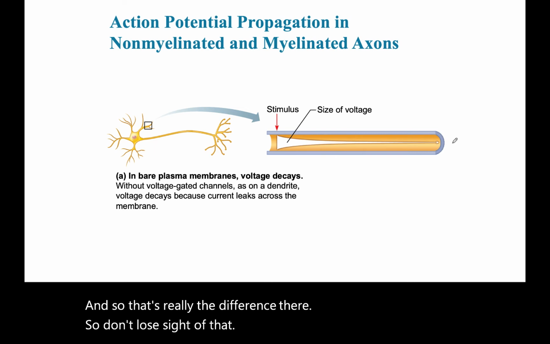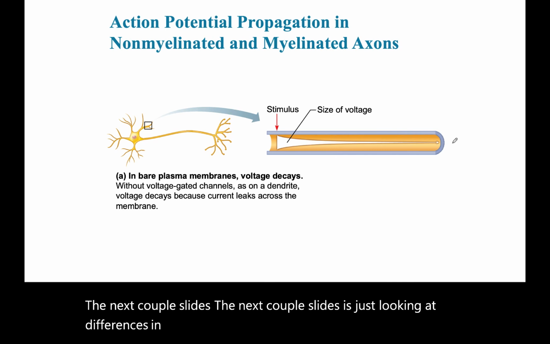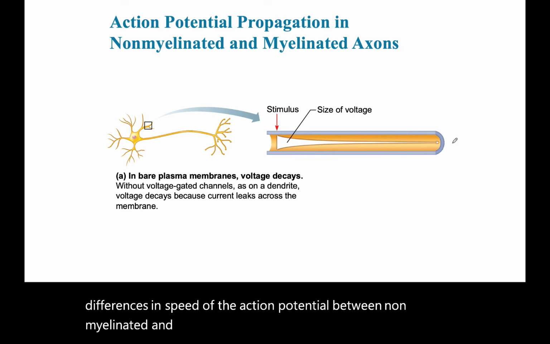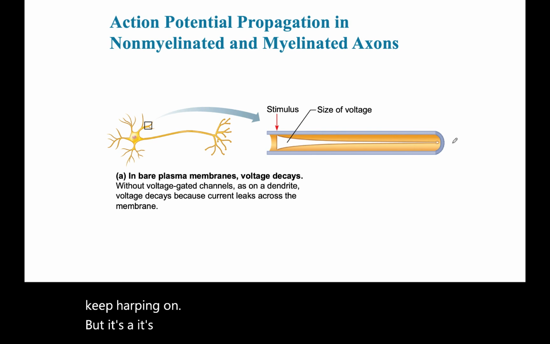The next couple slides are just looking at differences in speed of the action potential between non-myelinated and myelinated axons. Again, this is something that I keep harping on, but it's an important difference that I want you to keep in mind.